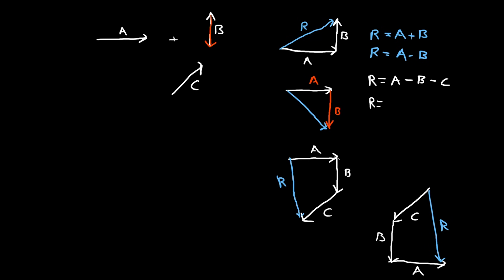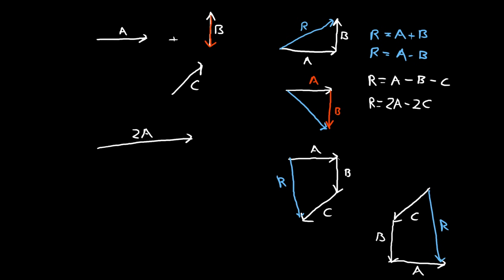We can try doing 2A minus 2C. So when we add a coefficient to the beginning of a vector, we're basically extending the length of the vector. So for A, we make it twice as long. That would be 2A.